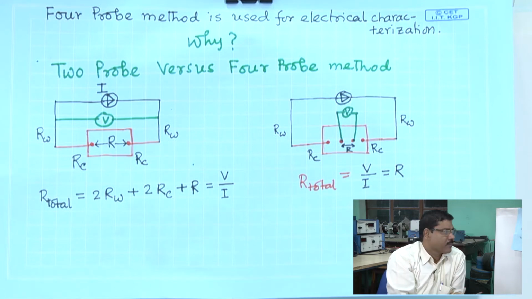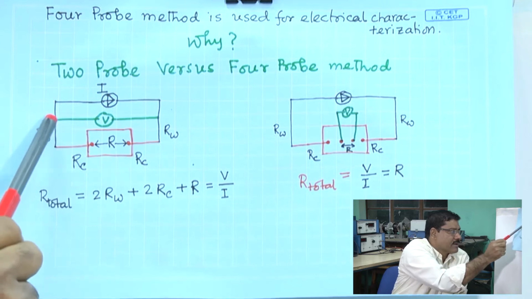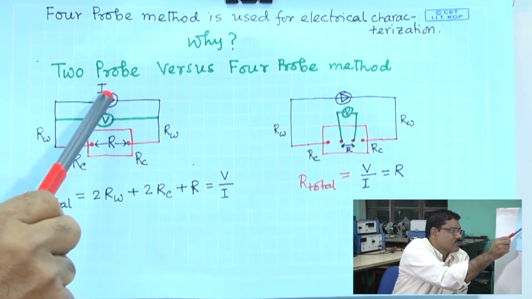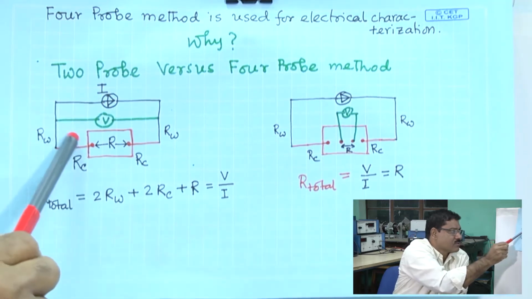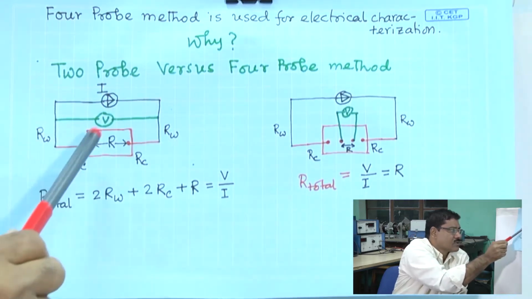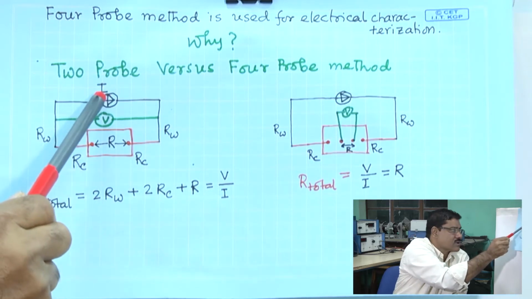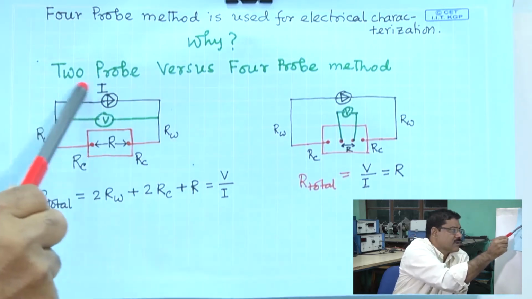Now, we will apply some constant current. The current will pass through the sample in this direction or that direction. Since it is a constant current source, constant current will pass through this sample.